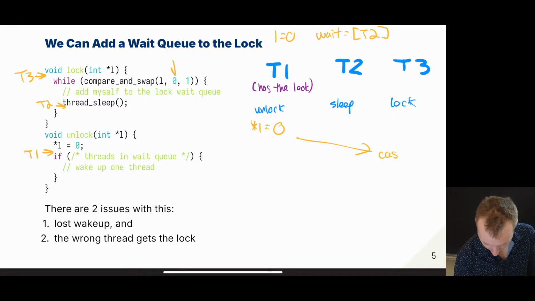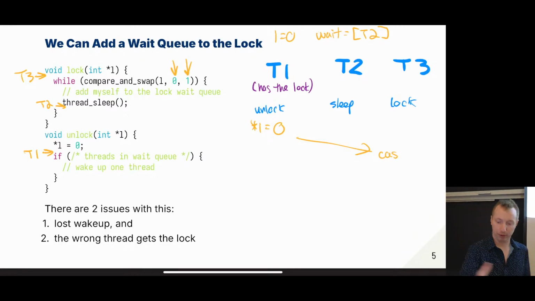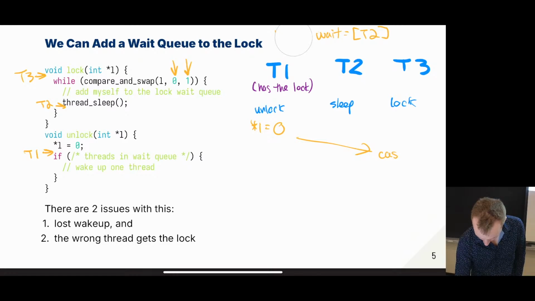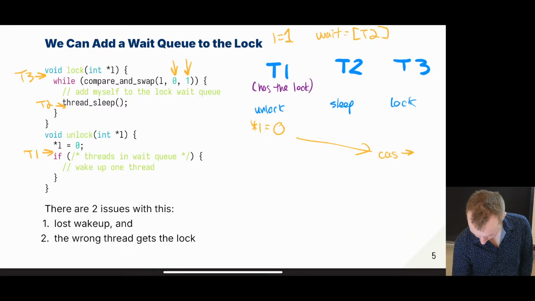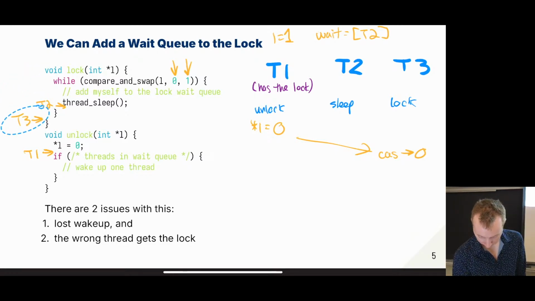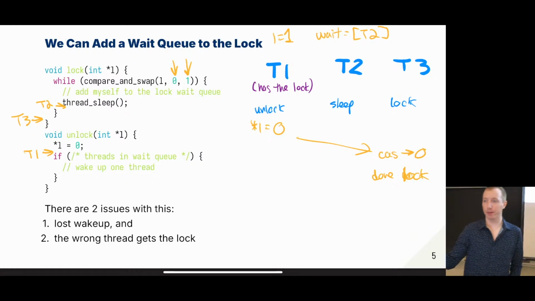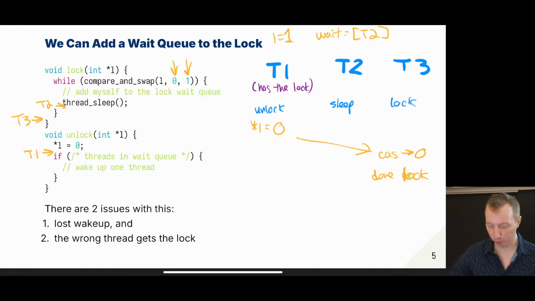Because it read 0, and because in the arguments old value is 0, it's going to swap that 0 to a 1, all atomically. And then compare and swap will return a 0, which means we finish, and then thread 3 is done with the lock call. And now it has the lock. So thread 3 just kind of swooped in.